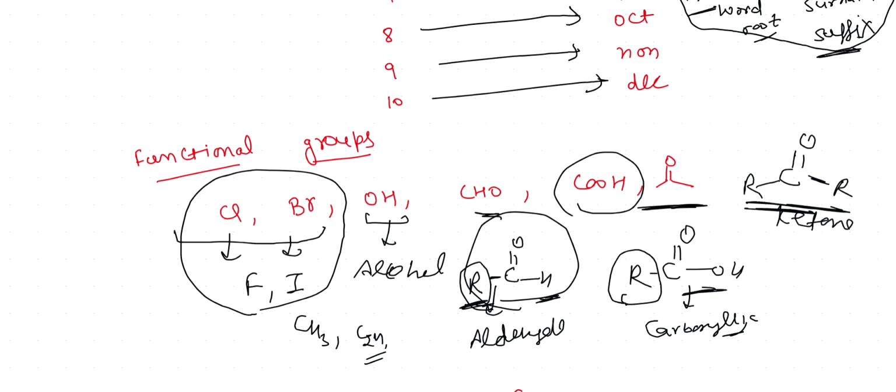The functional group tells the identification of the compound, and it may be a prefix or suffix. Clear? The halogens such as chloro, bromo, fluoro, iodo are used as prefix. The other functional groups, alcohol, aldehyde, carboxylic acid, and ketone, are used as suffix.